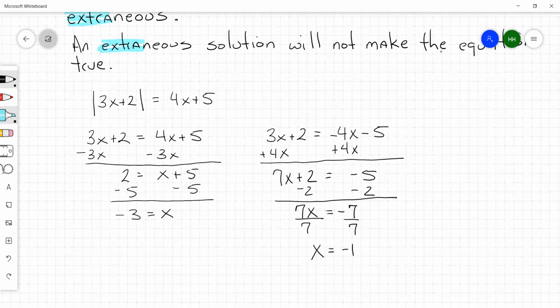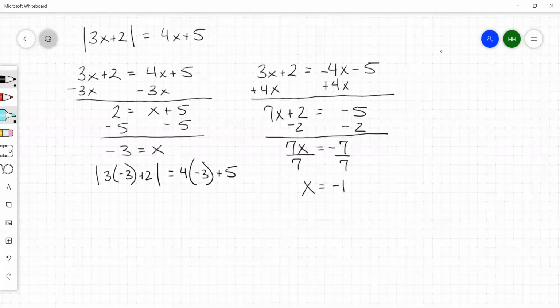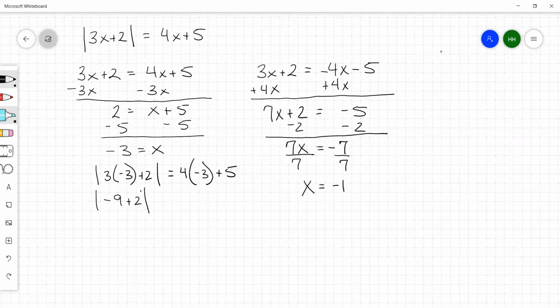Now you have to check these. Okay? So we're going to substitute this negative 3. So absolute value of 3 times negative 3 plus 2 equals 4 times negative 3 plus 5. That gives us the absolute value of negative 9 plus 2 equal to negative 12 plus 5.